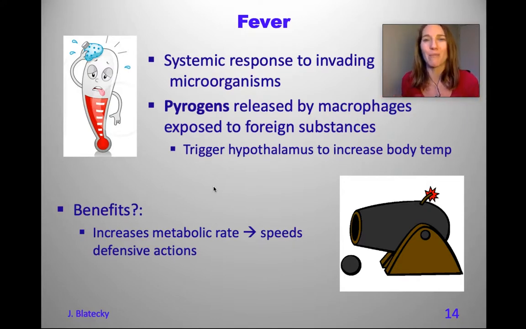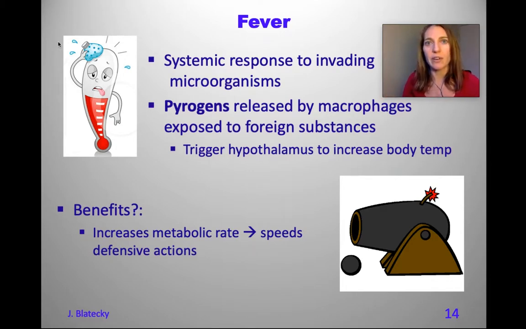They're often very warm, whereas somebody with hypothyroidism often feels very cold. So run with that line of thinking here. One of the huge benefits of increasing our body temperature is it does increase metabolic rates, which in turn is then going to just speed up defensive actions in a very general sense throughout our body.